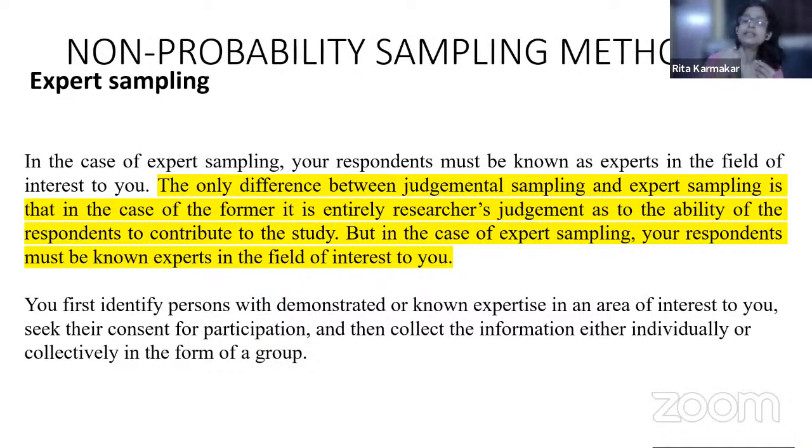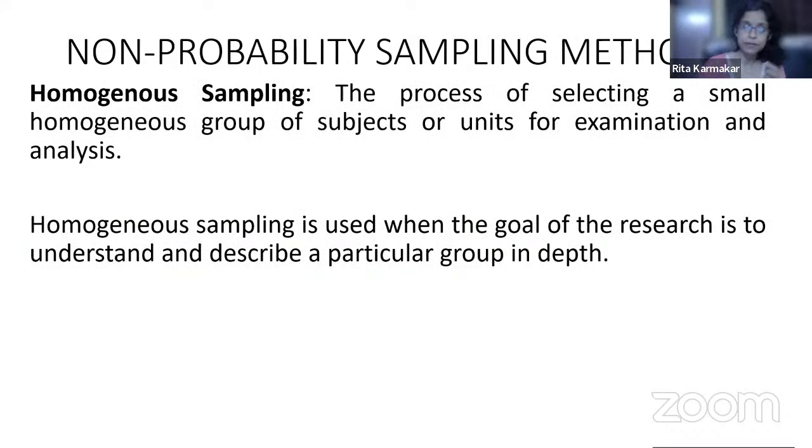In the other case, your respondent should be expert enough, so that even if you don't like one doctor or one scientist, but that person has invented Covaxin, you have to go and talk to that person. You do not have any option, right? So this is the basic difference between judgmental or purposive and expert sampling, right?